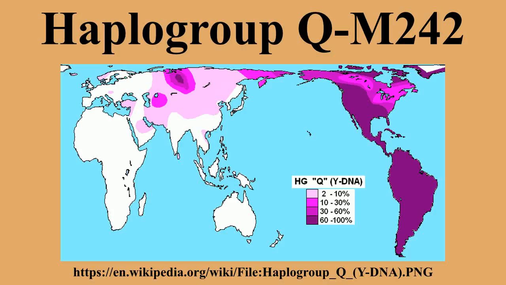If recalculated by county population weights, the frequency of Q in Sweden reaches 4.7%. In Norway, Q-M242 is found in about 2.6% of males, with Q-L804 being more common than Q-F1161/L527. It is observed among 1.6% of males in Denmark, 3% in the Faroe Islands.